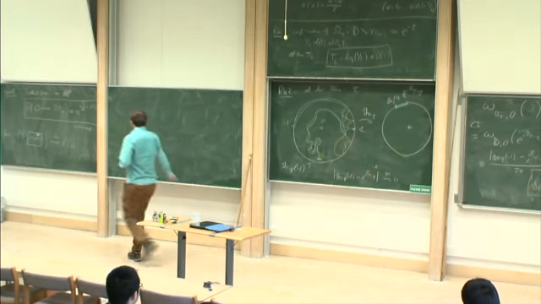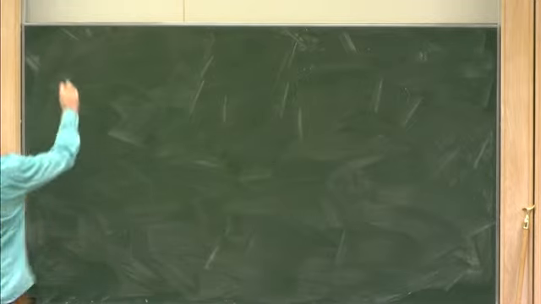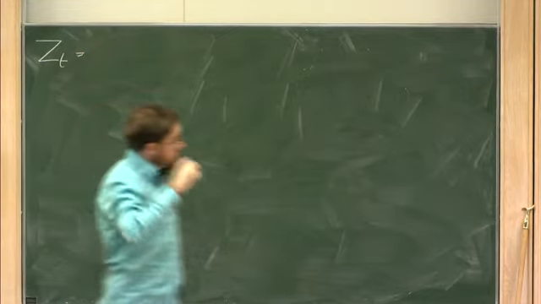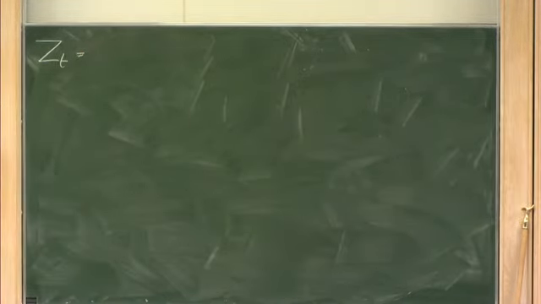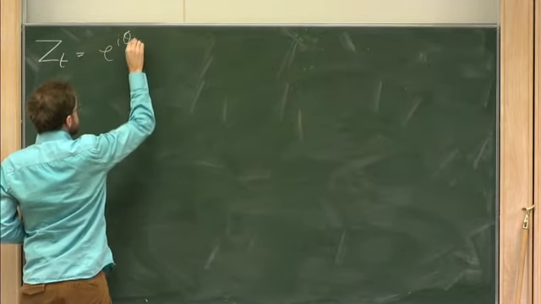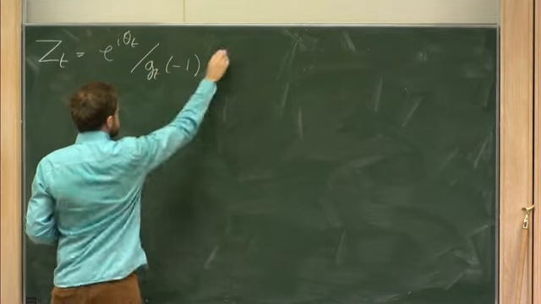So now we will look at this process a little bit more closely. So we will look at Zt, which is the ratio between these 2 points. So it's e to the i theta t divided by gt of minus 1.